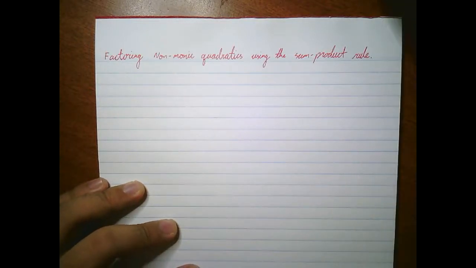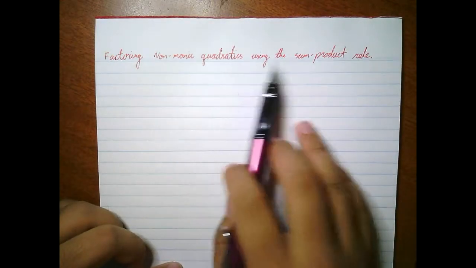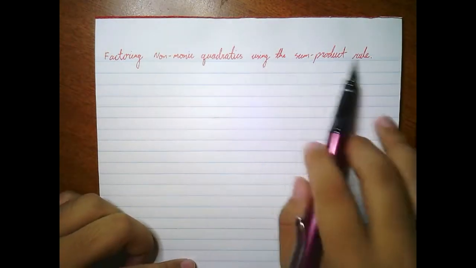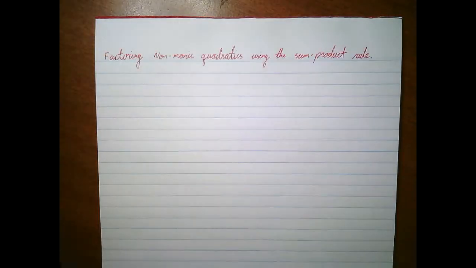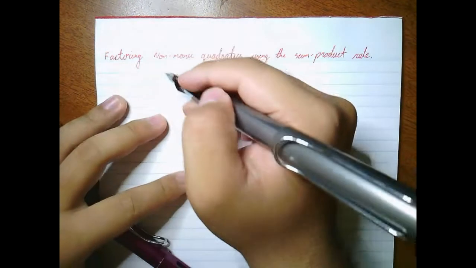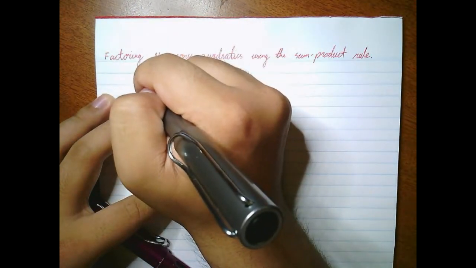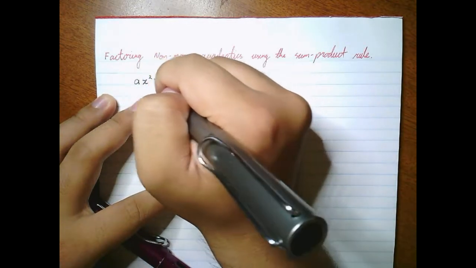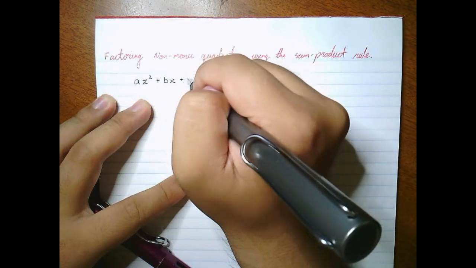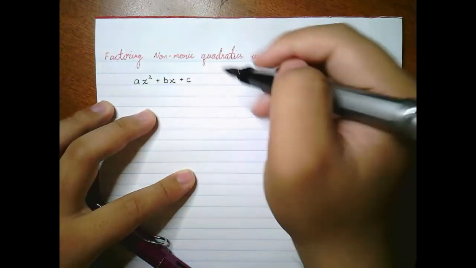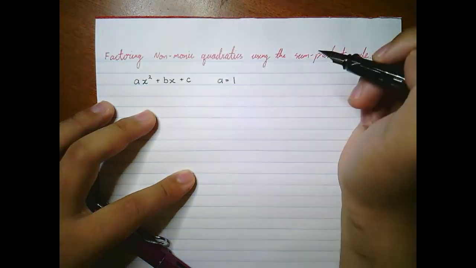Hello class, this is a video tutorial on factoring non-monic quadratics using the same or similar sum product rule. So let's just get a quick explanation. In the previous videos, we had a quadratic of ax squared plus bx plus c, and in the ones that you've seen, a is equal to 1.